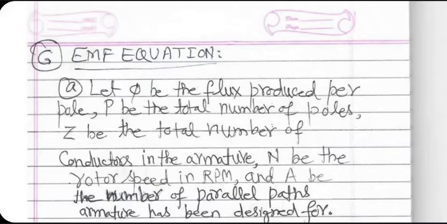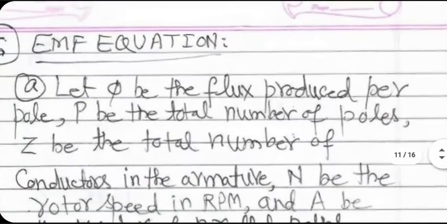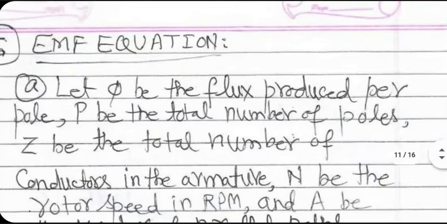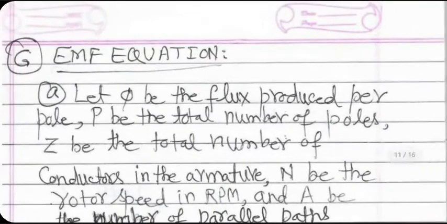It's a very simple derivation and it is very ideal in nature, but still it gives you a reasonably good idea of what will happen in real life. Let phi denote the flux produced by the poles, and let's say it is per pole, total flux divided by the number of poles. The flux is measured in Weber, so phi would be measured in Weber per pole.